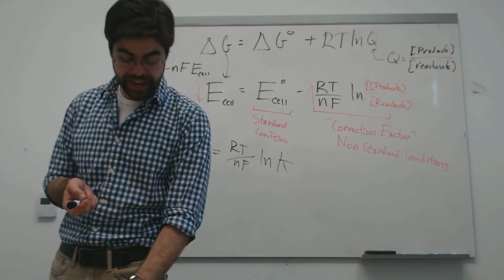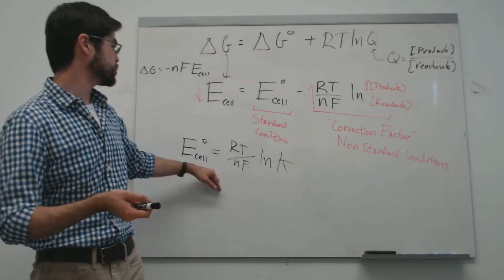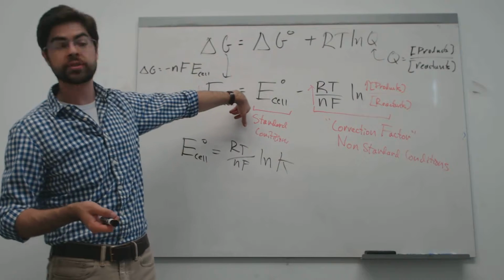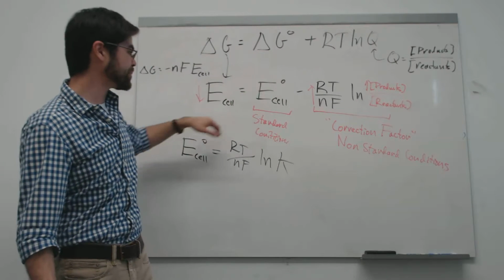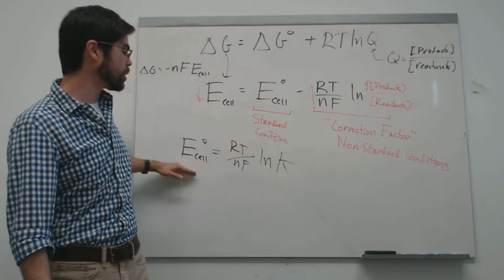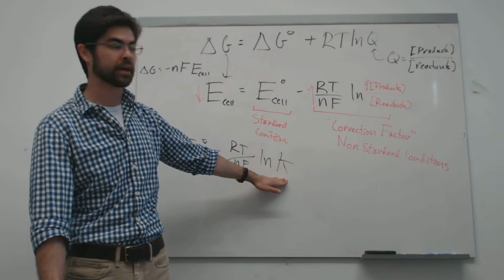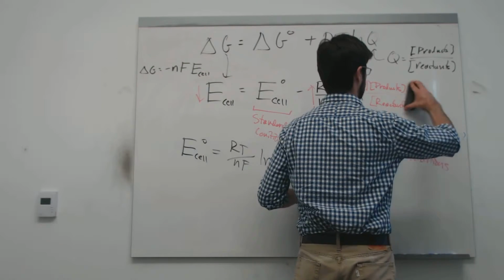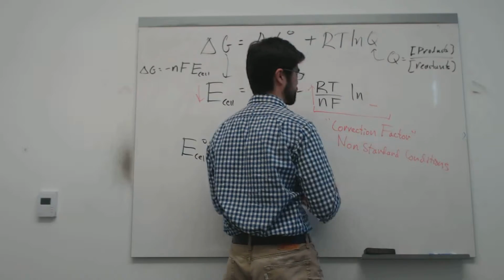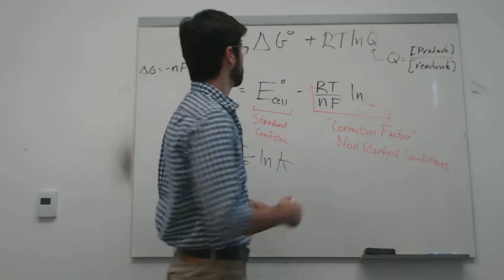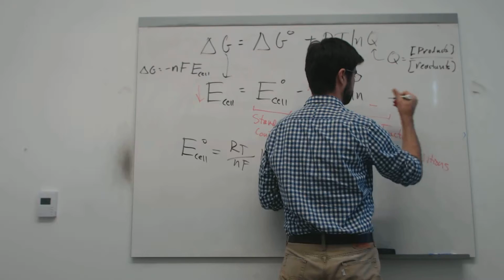If you're looking at changes in concentration, that's when you need to use the Nernst equation. And now, that being said, the Nernst equation is also related to the equilibrium constant in the same way that the equilibrium constant is related to this equation.